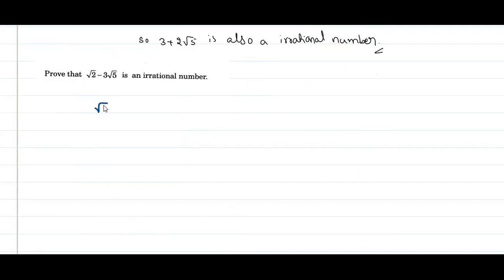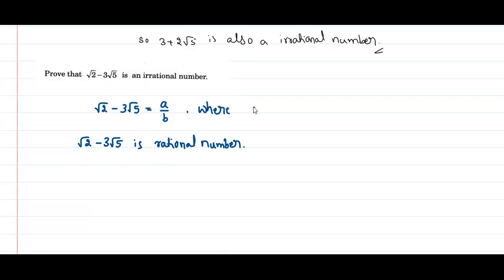Here, root 2 minus 3 root 5 is equal to a by b. We have to assume that root 2 minus 3 root 5 is a rational number, and where a, b are coprimes.